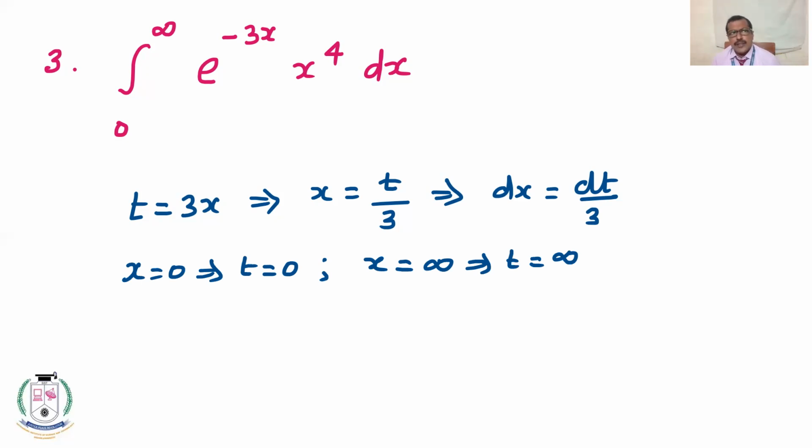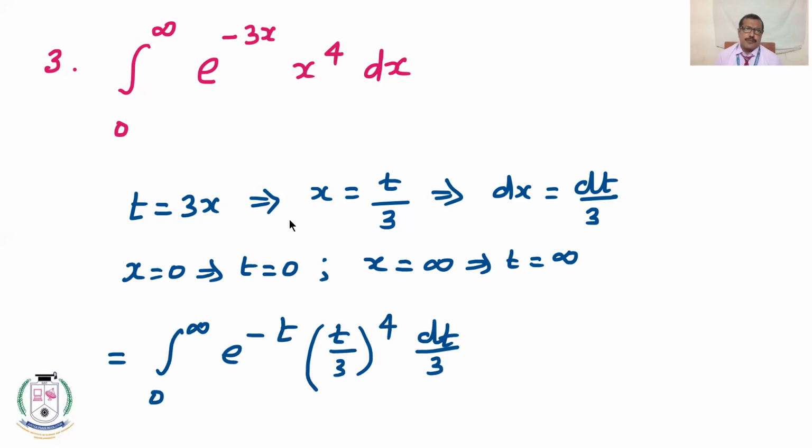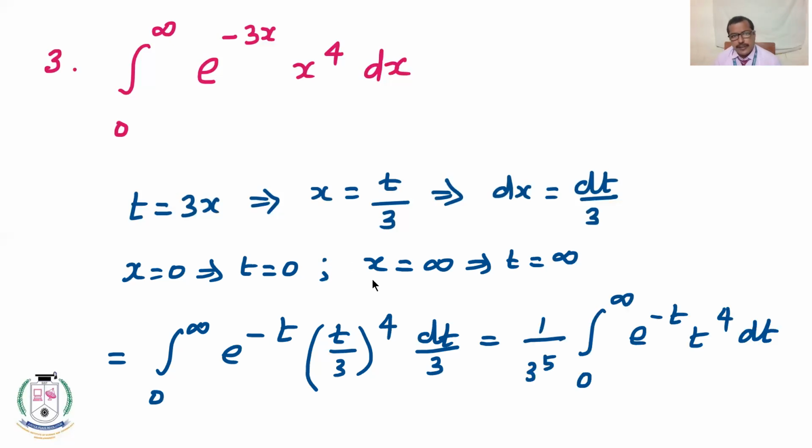Now substituting all these in the integral, it becomes 0 to infinity e power minus t, (t by 3) whole power 4, dt by 3, which on simplification will give us 1 by 3 power 5, integral 0 to infinity, e power minus t into t power 4 dt. You are just collecting all powers of t, e power minus t dt inside the integral, and all the constant terms outside the integral.